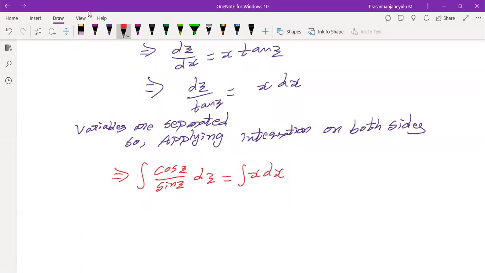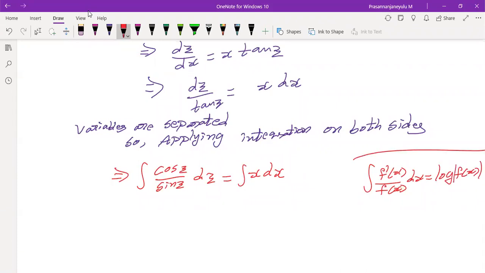Always remember, whenever you have a fraction inside the integration, use the formula integration of f dash of x by f of x into dx. What is the formula of this? Log of modulus of f of x, or we can say simply log of f of x.